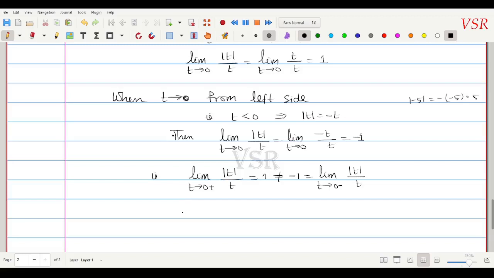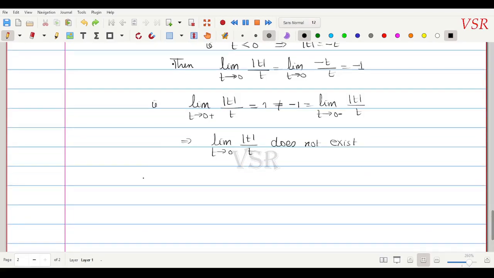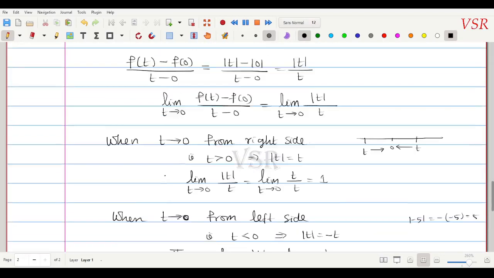So this implies that limit t tending to 0 mod t divided by t does not exist, okay. அப்படின்னா என்ன அர்த்தம், this implies that இந்த லிமிட் எக்ஸிஸ்ட் ஆகல, okay.